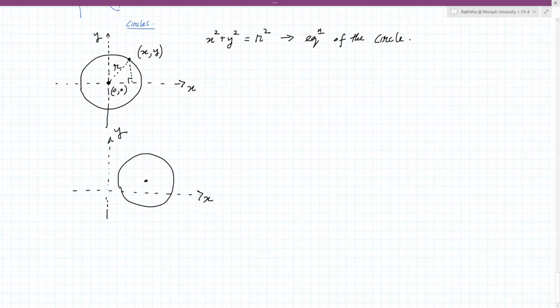Now, consider the center of the circle to be P, Q. Okay, so that would be P, Q. And the radius of this circle would be r. Then what would be the equation for this circle, right?